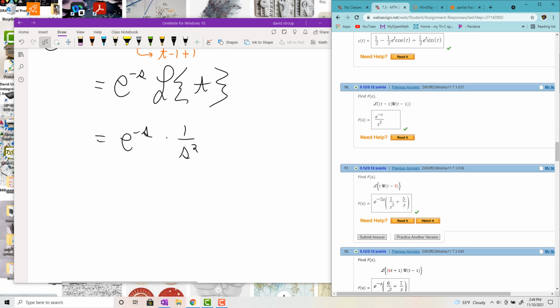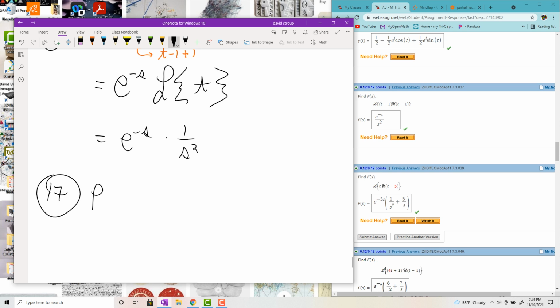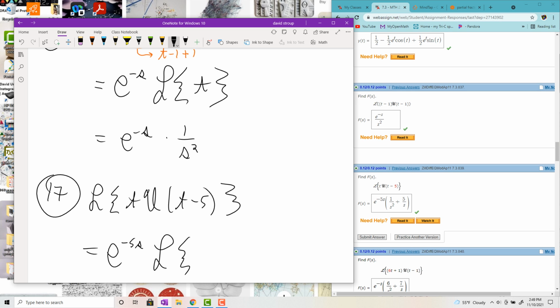So for number 17, we have the Laplace transform of t times u of t minus 5. So immediately pop out the e to the negative 5s, and then you have a Laplace transform of not t, but you have to shift it, and you have to make it t plus 5.